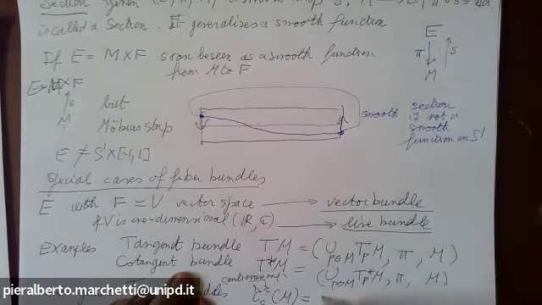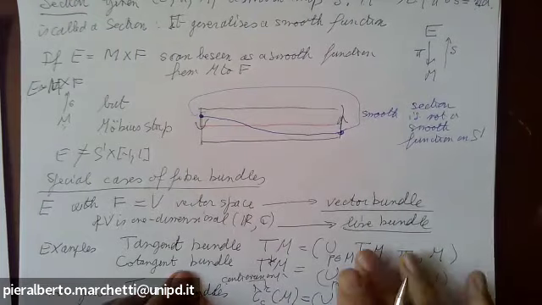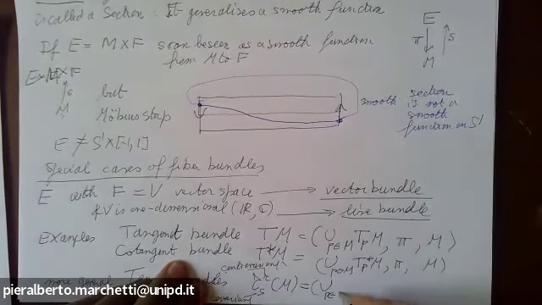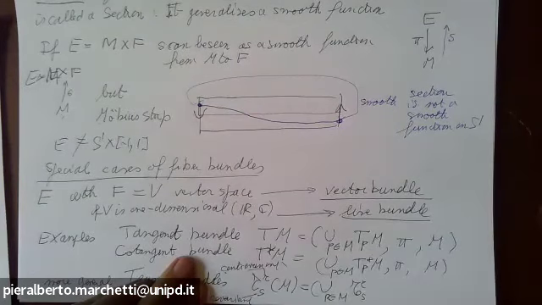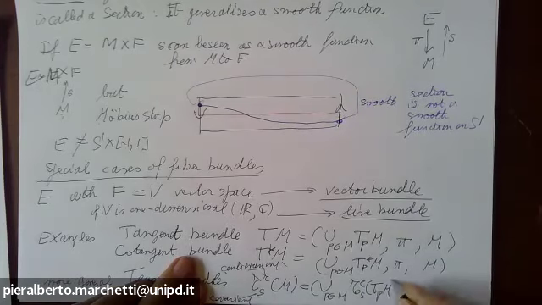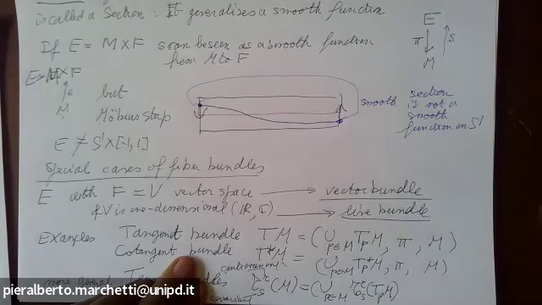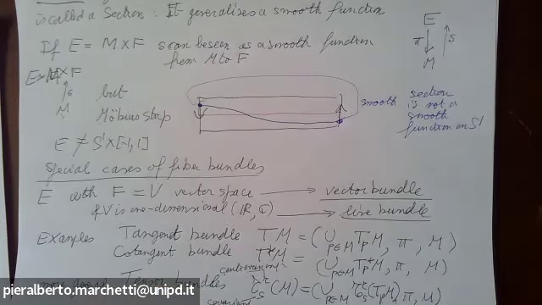Of course, this is the union over P in M of what we discussed in the first part of the notes, the tensor space at the point P, R contravariant, S covariant.